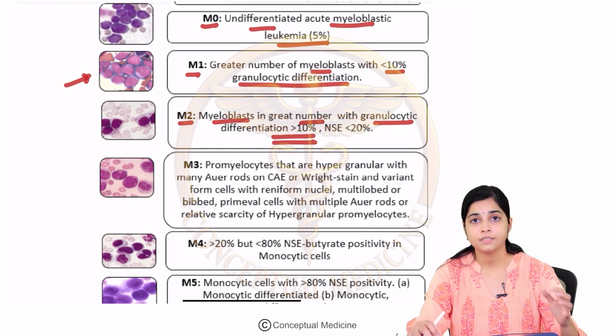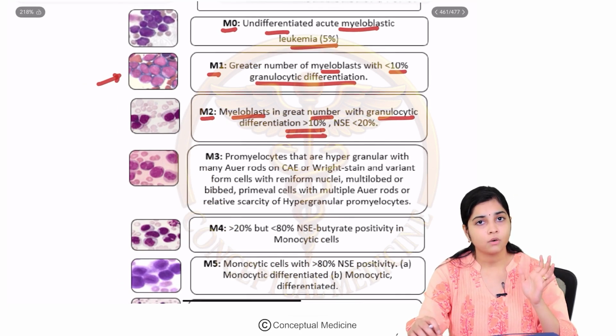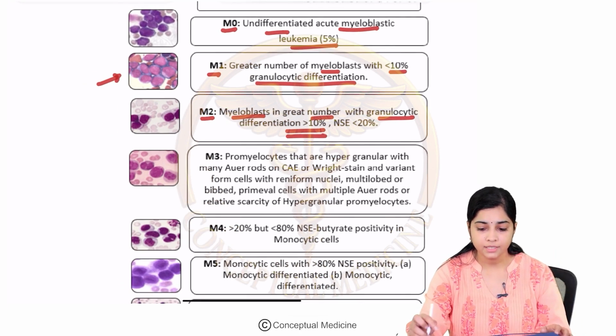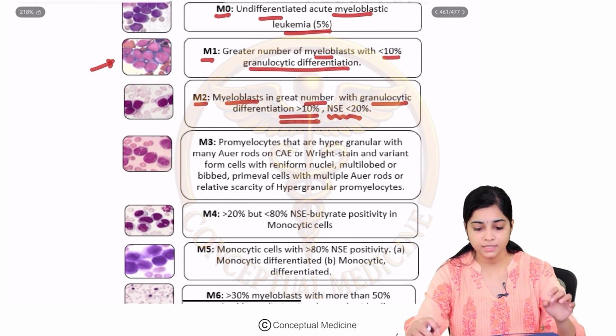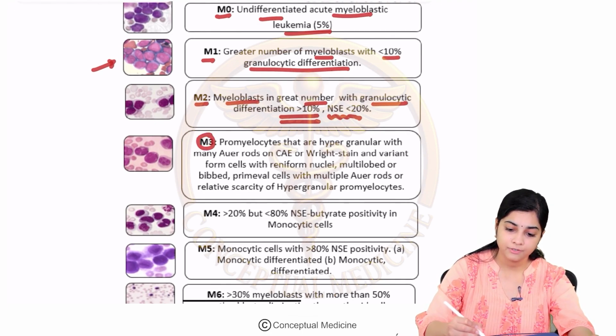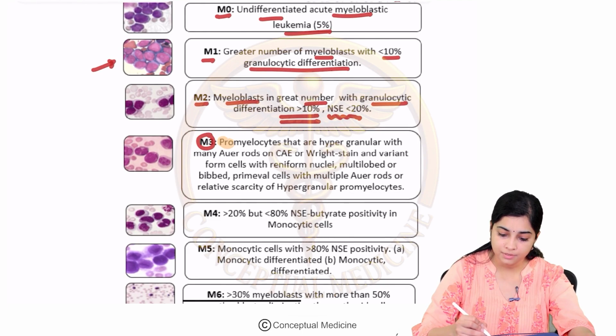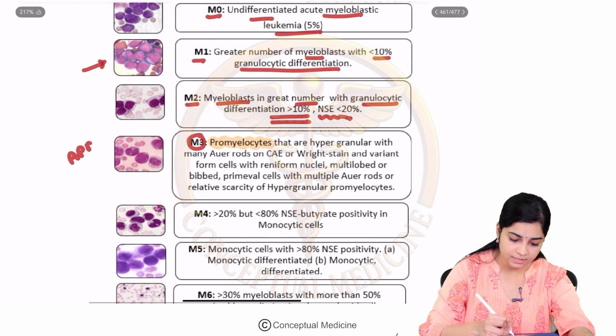The myeloblast percentage is more than 10% in the marrow, but more than 10% are also differentiated, right? And the NSE staining, which is your neuron specific enolase staining, is less than 20%. AML M3 under the French American British classification, remember, is APML, Acute Promyelocytic Leukemia.